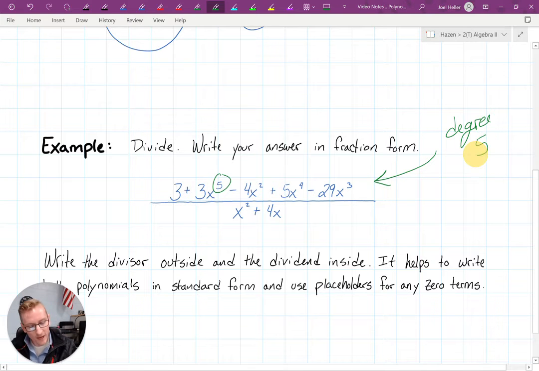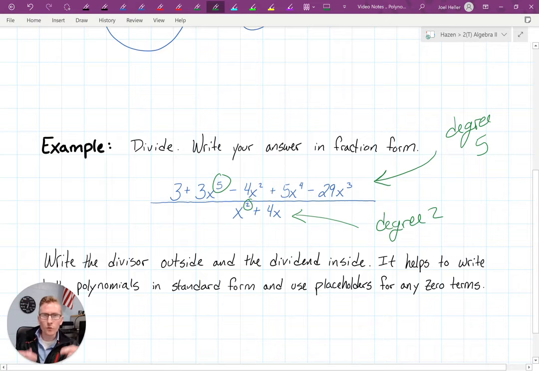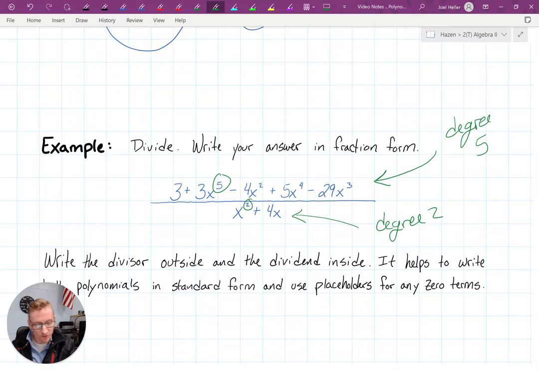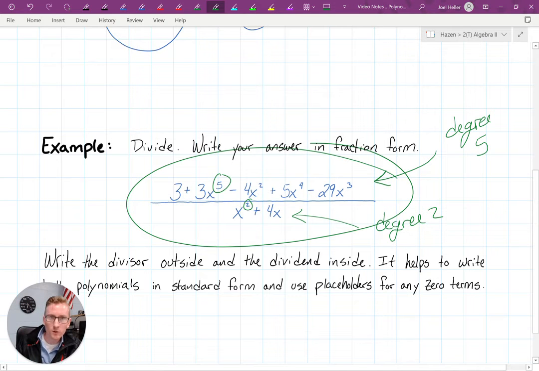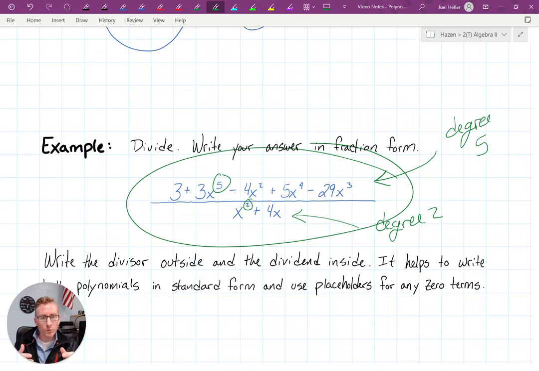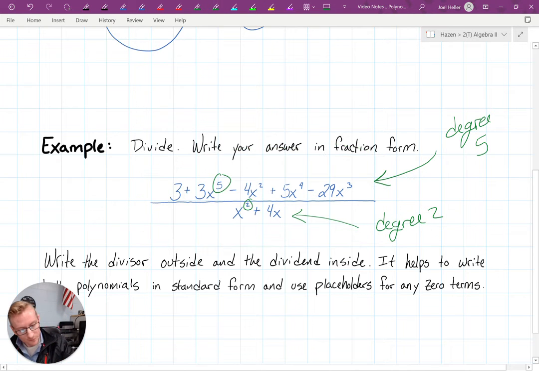So you've got a degree 5 polynomial on top, and on the bottom, in your denominator, that's 2. So the degree in the numerator of this rational expression is greater than the degree in the denominator. So this rational expression, with polynomials on top and on the bottom, is written as an improper fraction. What we want to do is write it as a mixed number.